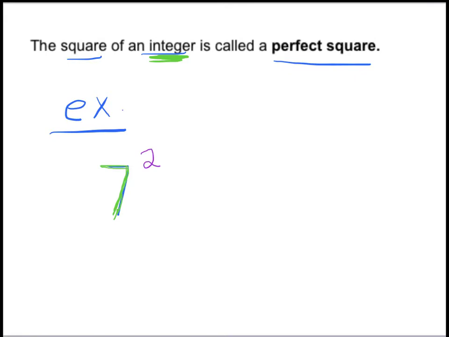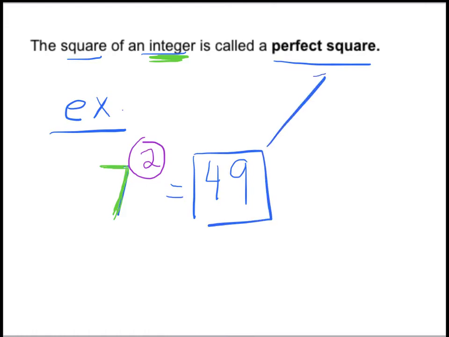Okay, and that equals 49. So the integer we're looking at is the 7, and we are squaring it, hence the 2, and it's equal to the 49. So the 49 is the perfect square.